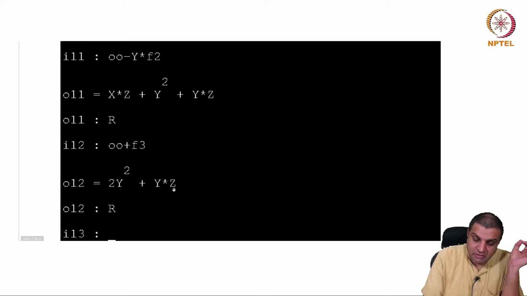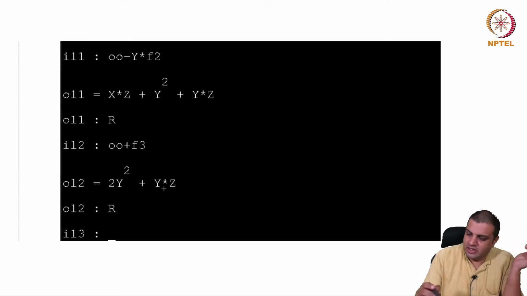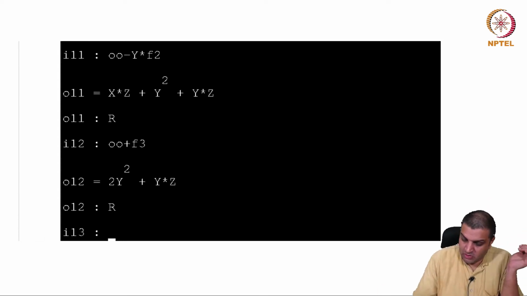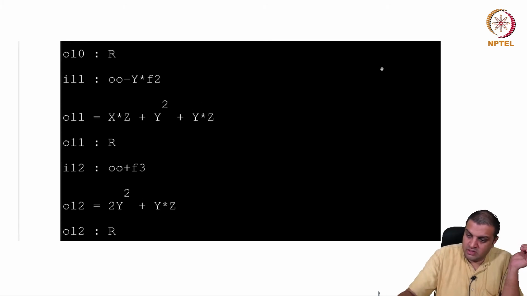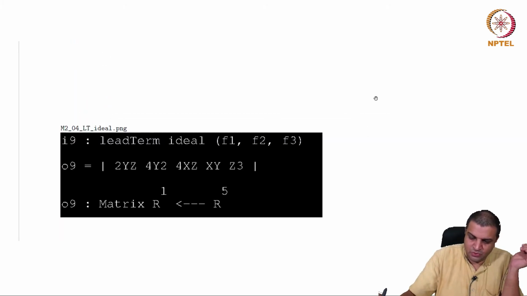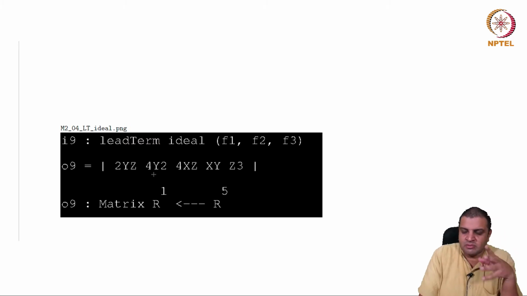Now the leading term of 2y squared is y squared, but because Macaulay has to keep track of things when you write programs, we cannot lose these coefficients. So in the algorithm that Macaulay was running, it would give 4y squared, but the point is the same.